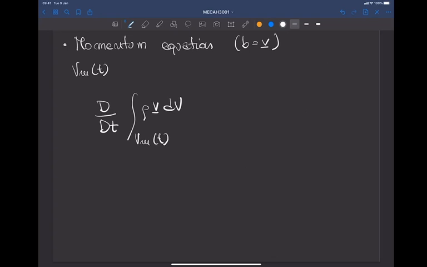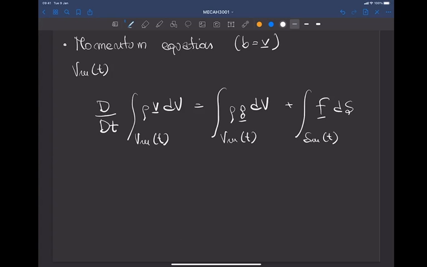Then this is not equal to zero, but it's equal to the forces which are applied on this, which are of course volume forces, so gravity, and surface forces. So here it's an integral on SMT of F dS, where I'm using this underline to indicate a vector again.